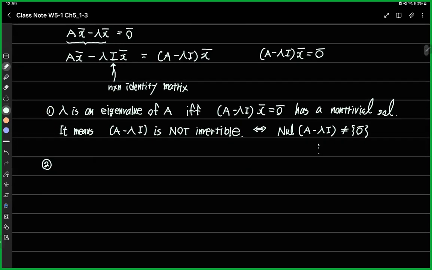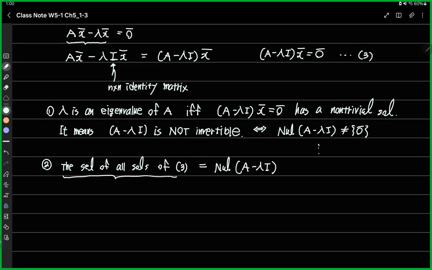The set of all solutions to this one is just the null space of the matrix A minus lambda I. This space, the set of all solutions, is called the eigenspace.